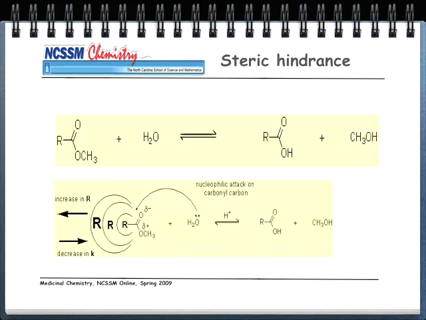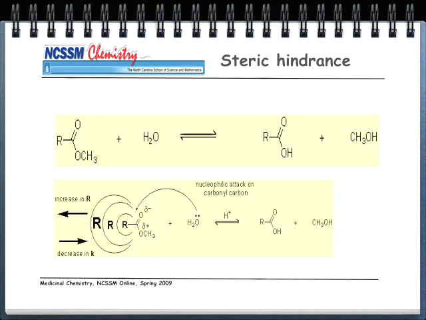So Hansch primarily was looking at the influence of electron withdrawing and electron donating groups. Other people, specifically Taft, T-A-F-T, not related to the president, came up with what's known as steric hindrance. If you look at the reaction up top, we've got an ester there, and I have an R group attached to it. What Taft was able to figure out was that the size of the group matters, and that's what steric means.